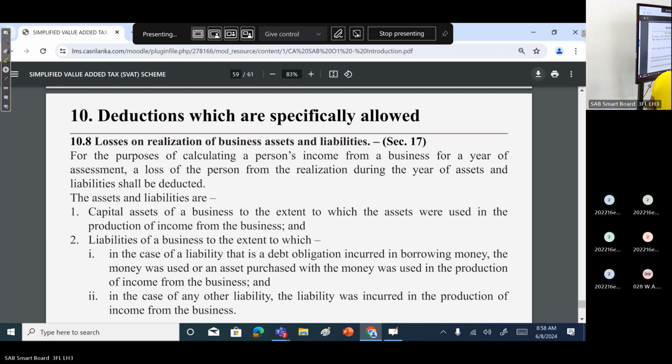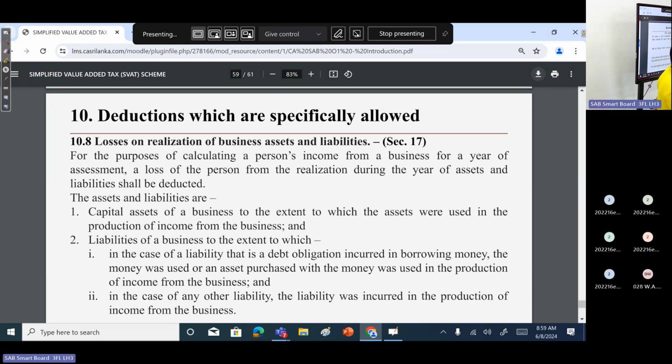Right? The assets and liabilities are capital assets of a business. In the case of assets, we know how to work out, in the case of a depreciable asset, the balancing charges or balancing allowance. So other capital assets of the business also, to the extent to which the assets were used in the production of income from the business. It stays that way. Right?